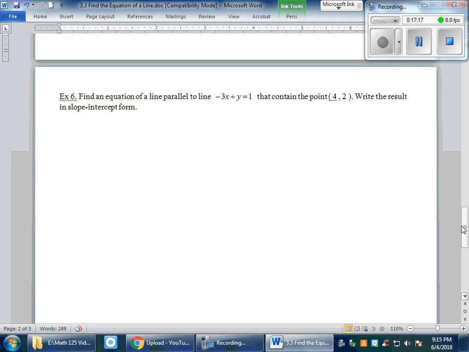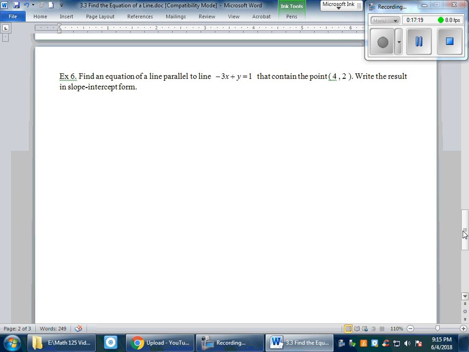So example 6 is finding the equation of a line parallel to y equals negative 3x plus 1 and contains the point (4, 2). So now we are talking about two lines, right? We want to find the equation of the line, that's line 1, which is parallel to the second line, line 2.